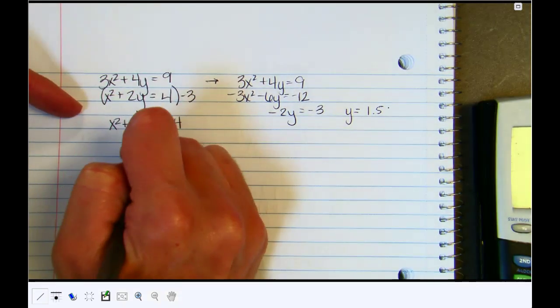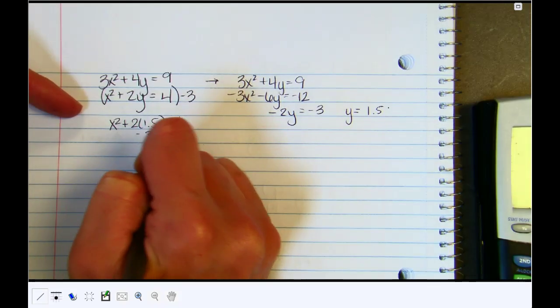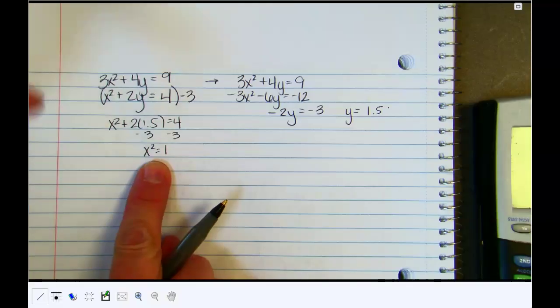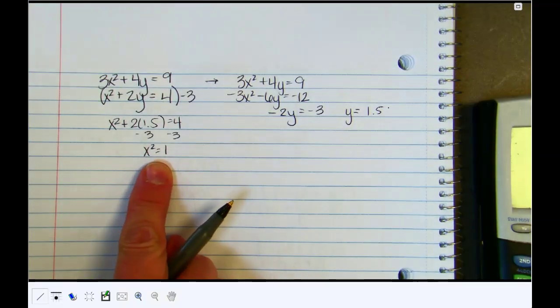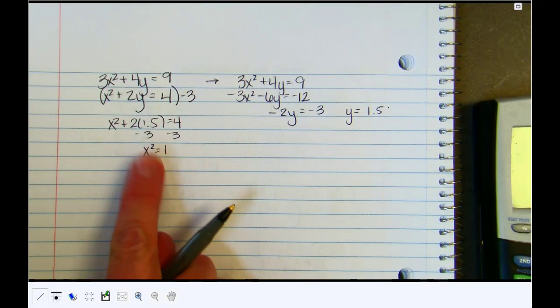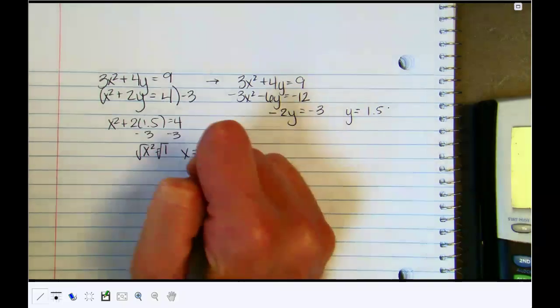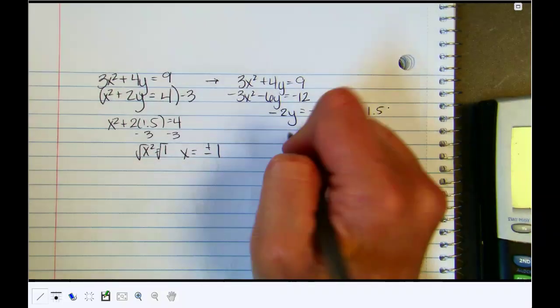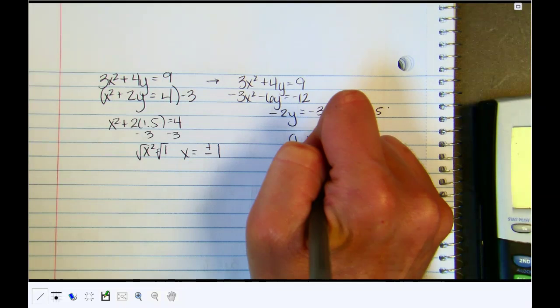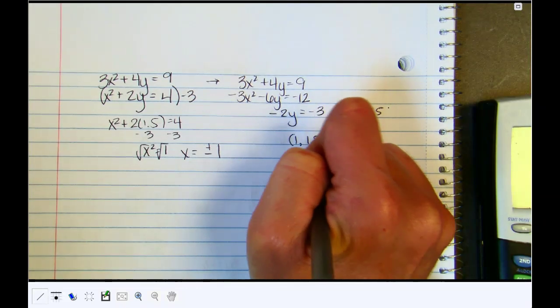That's 3. So x squared is equal to 1, which if you eliminated your y's, you had this, which you should have because it's the same answer. Square root, what does x equal? Plus or minus 1. So we've got 1, 1.5, and negative 1, 1.5.